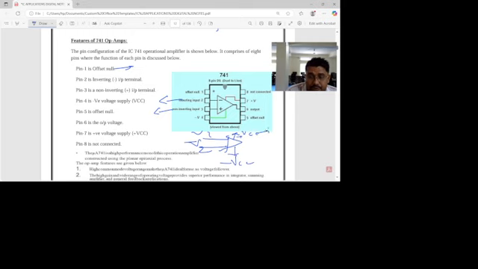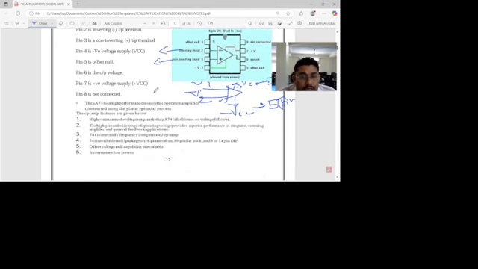VCC positive is pin number 7, and VCC negative is pin number 4 in this diagram. One extra pin is not connected. So the 741 IC is a high performance monolithic operational amplifier.